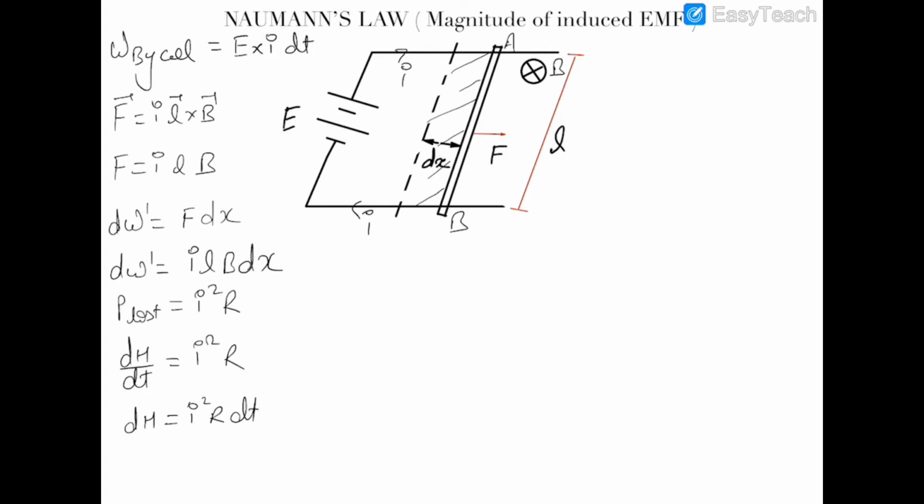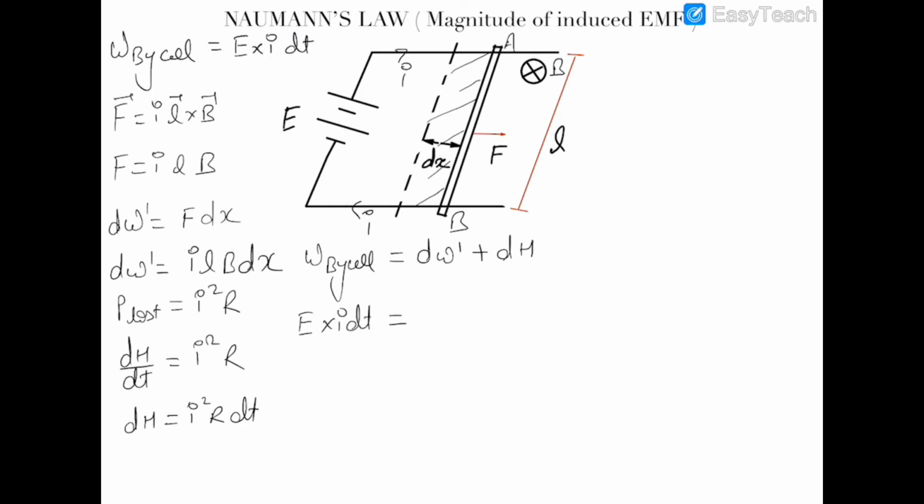So we can write down the equation that the work done by the cell is utilized in the work done in moving the rod, as well as some heat generated. So work done by the cell is E into I into dt.